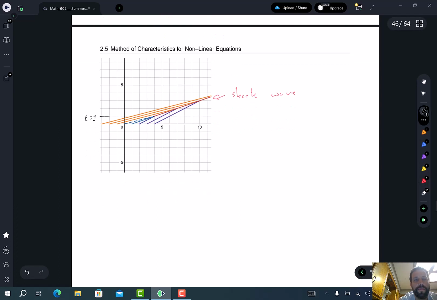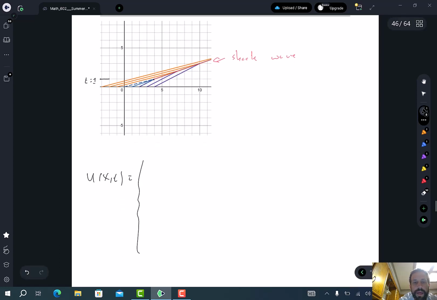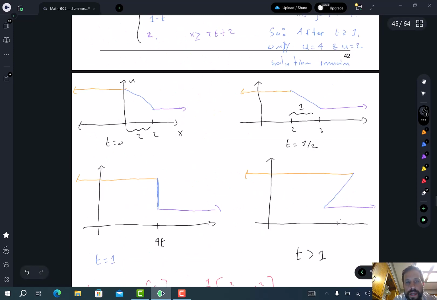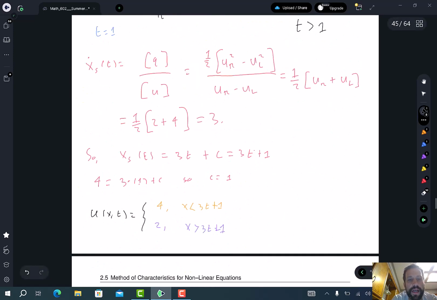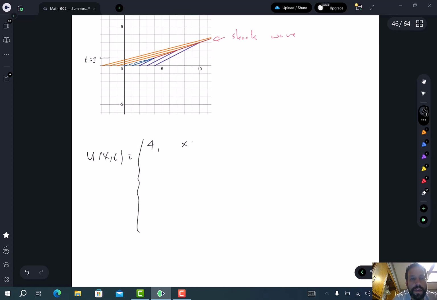And so we can put all of the solutions together and say u of x,t is going to be equal to 4 when x is less than or equal to 4t, and t is less than or equal to 1.